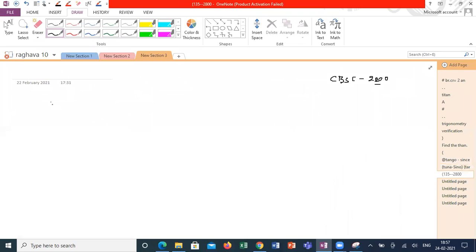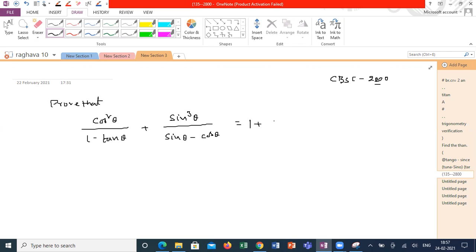Prove that cos square theta by 1 minus tan theta plus sin cube theta by sin theta minus cos theta is equal to 1 plus sin theta into cos theta.